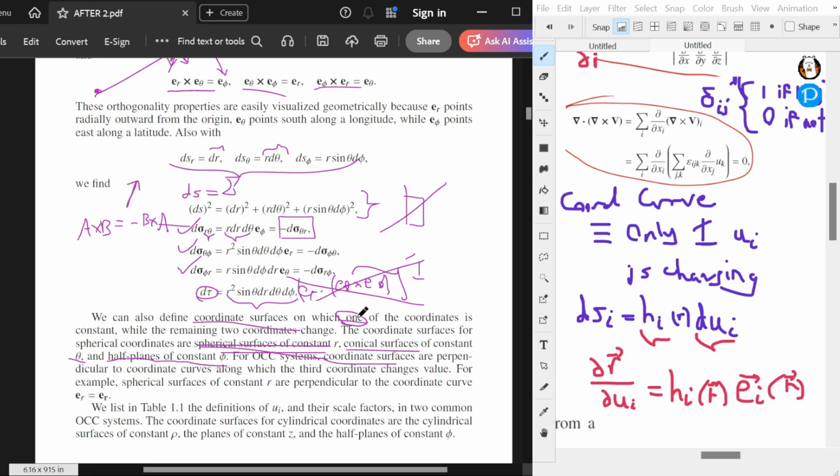One of the coordinates is constant. Okay, I'll have to unpack this sentence in a bit.